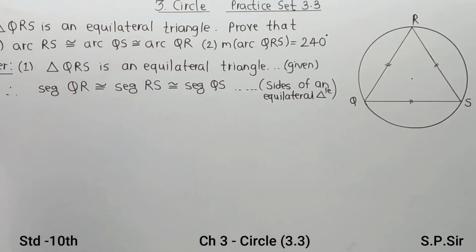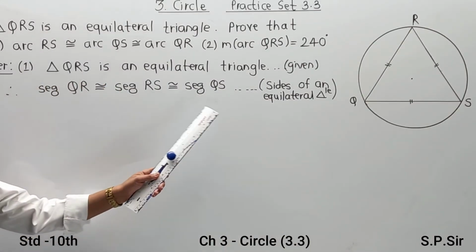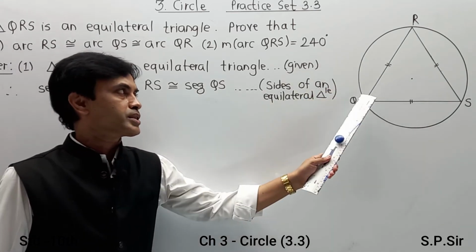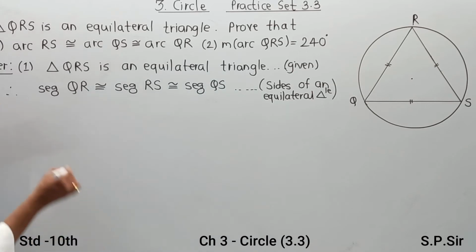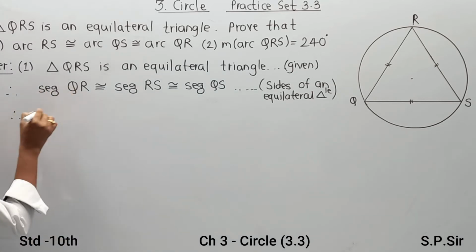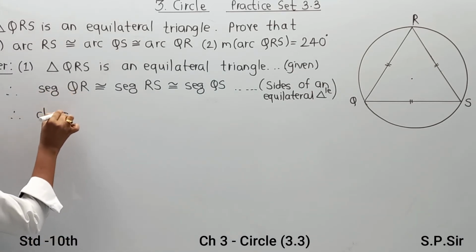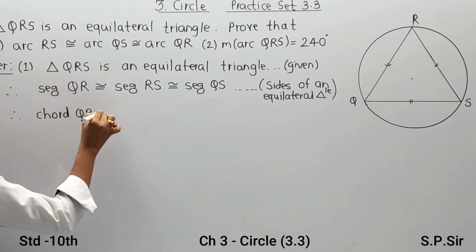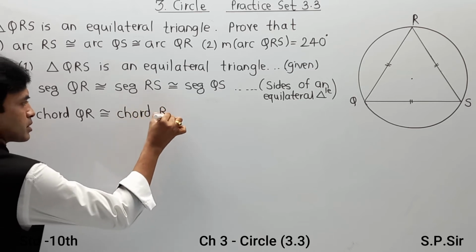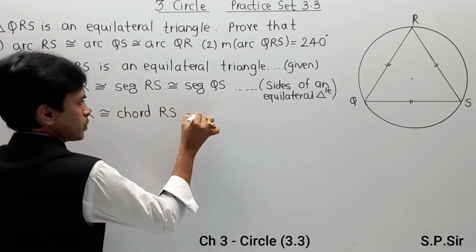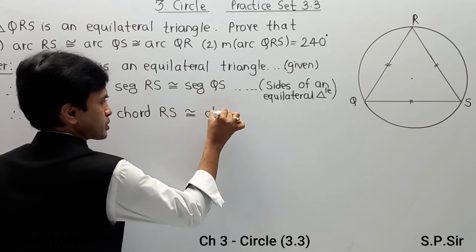Now, as these sides are equal, but these sides are nothing but chords for a circle, it means chord QR is congruent to QS, congruent to RS. So I can write it, therefore, chord QR is congruent to chord RS is congruent to chord QS.